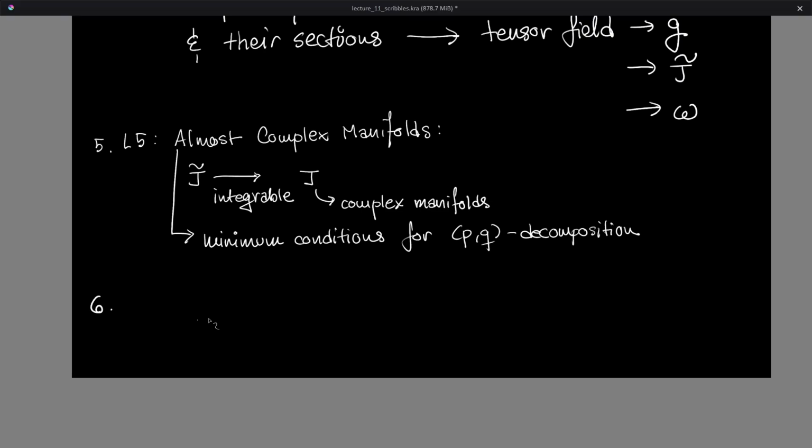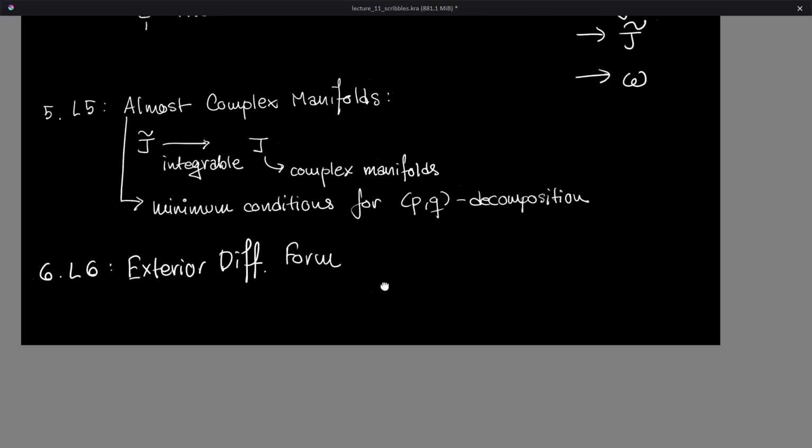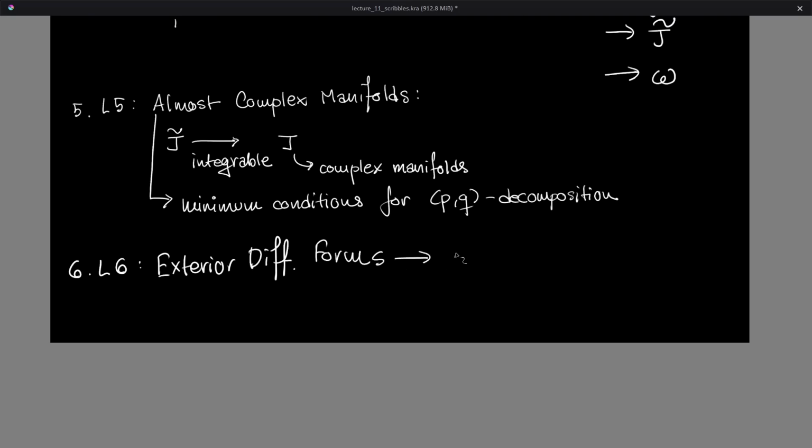And number 6 is, in lecture 6 we defined exterior differential forms. And of course, we've been using this the whole time after we defined them in lecture 6, and now it's more obvious why they're so important. So exterior differential forms are just ubiquitous in complex differential geometry, but also they're natural.